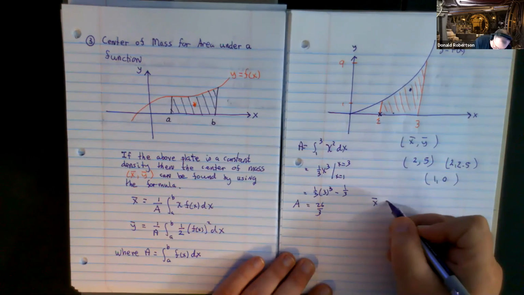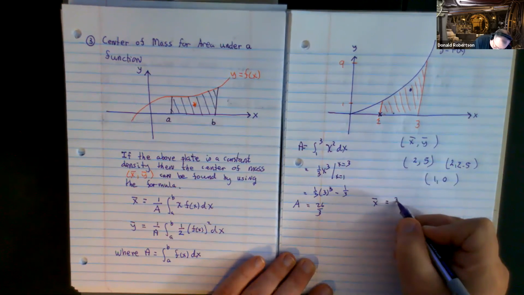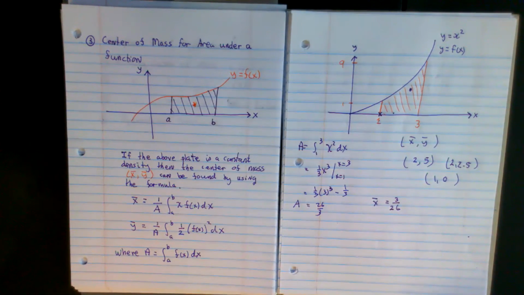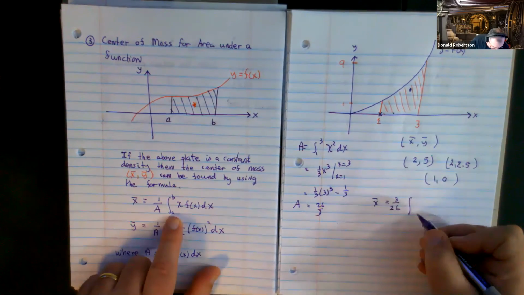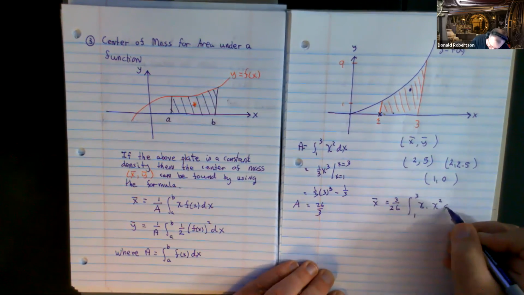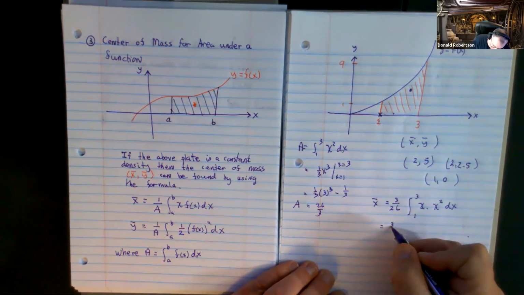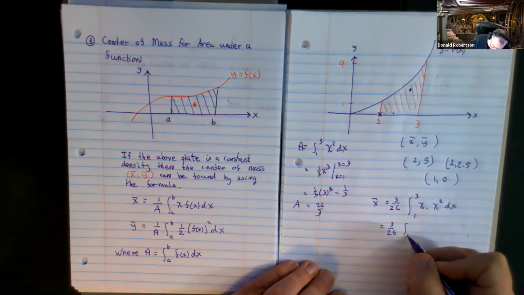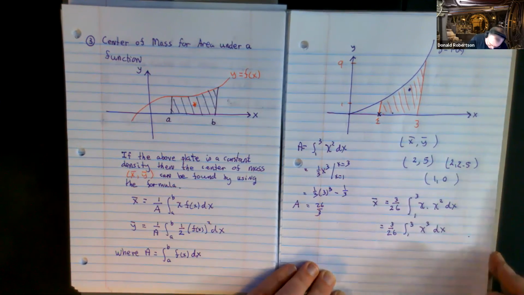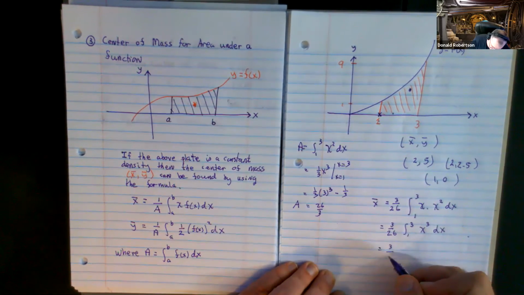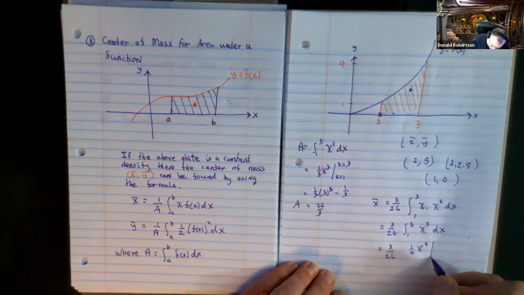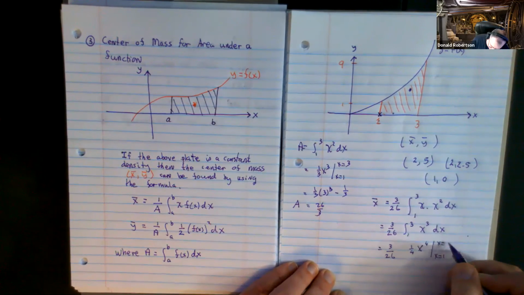X bar is 1 over A. Are you happy about 1 over A becoming 3 over 26? Yes. Okay. The integral from 1 to 3 of x times f of x dx. So that becomes 3 over 26, the integral from 1 to 3 of x cubed dx. And that becomes 1/4 x to the 4, evaluated at 1 and evaluated at 3.